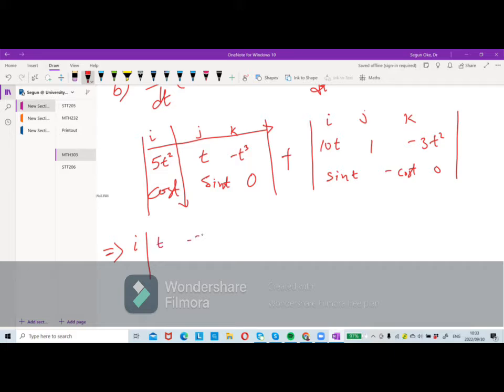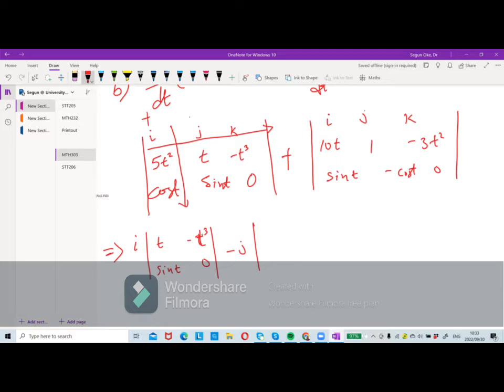You are left with t, minus t cube, sine t, 0. Don't forget this is i. But the next thing will be what? Minus j.